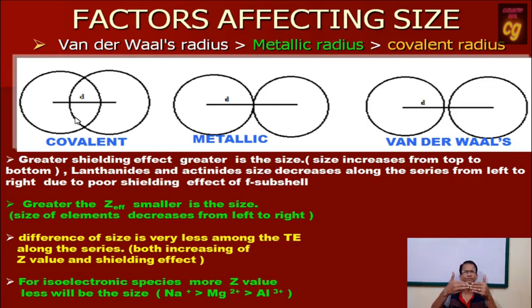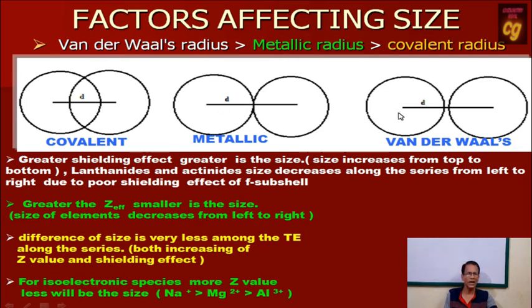This is just touching, this is the gap, this is overlapping. If you maintain a gap, we can say it is the van der Waals force. If it is just touching, we can say it is a metallic force. If it is overlapping, that is covalent. So the covalent bond is stronger than metallic, which is stronger than van der Waals. As the atoms are very close, the radius is the smallest.